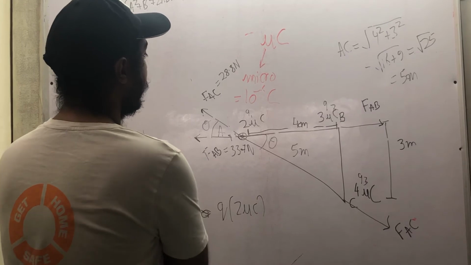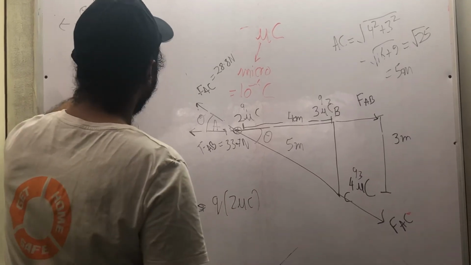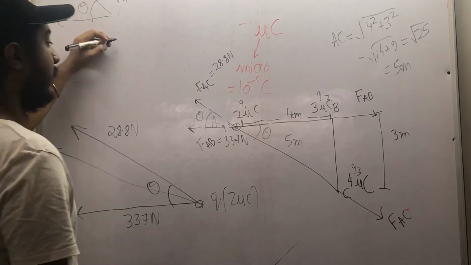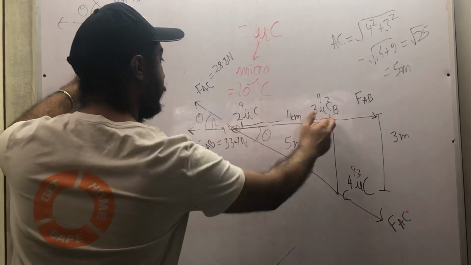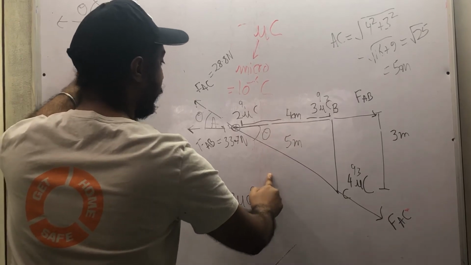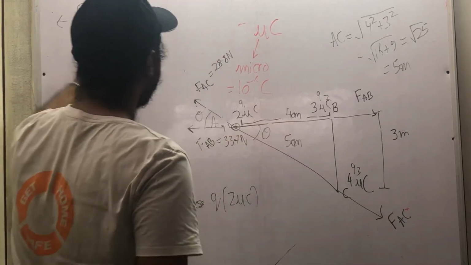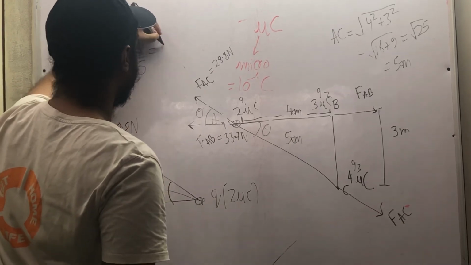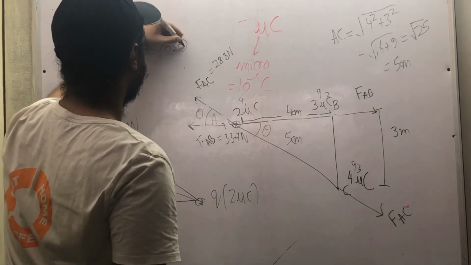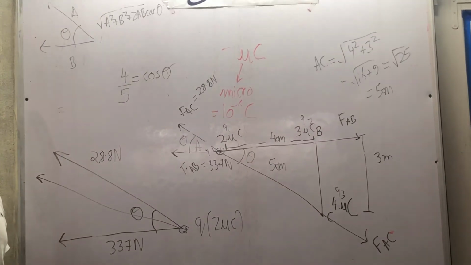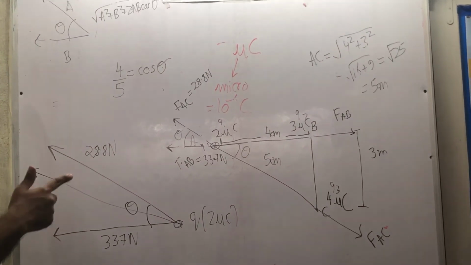To find out this angle, we will use trigonometry. So look in triangle ABC. Base is 4 centimeter, hypotenuse is 5 centimeter. So base upon hypotenuse is what? It is cos theta. You can see it here, yes.